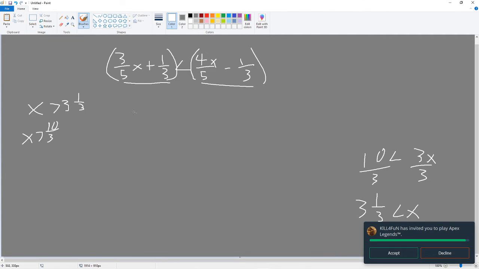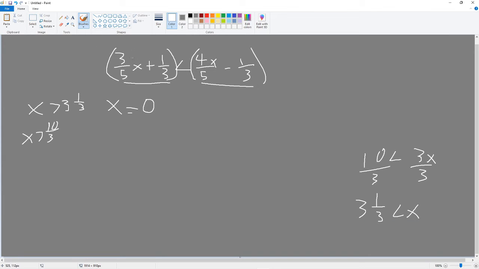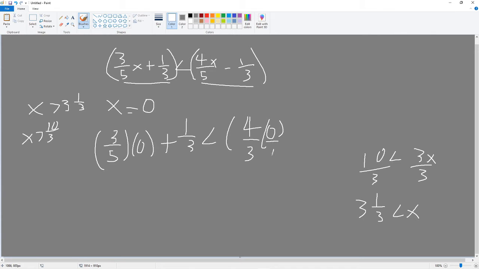Let's check for x equals 0. If x is equal to 0, we have 3 over 5 times 0 plus 1/3 less than 4 over 3 times 0 over 1 minus 1/3, right?